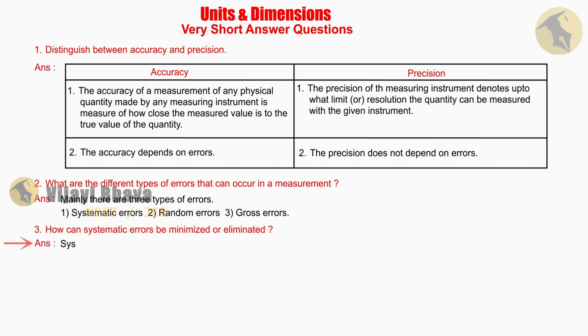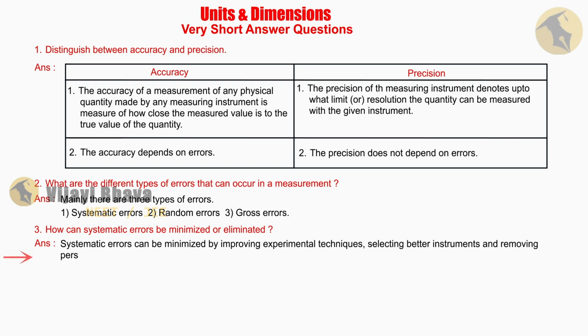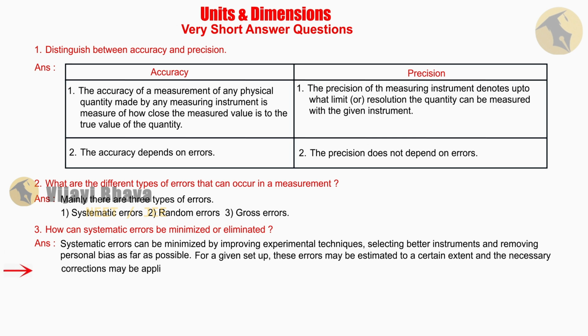The answer, systematic errors can be minimized by improving experimental techniques, selecting better instruments, and removing personal bias as far as possible. For a given setup, these errors may be estimated to a certain extent and the necessary corrections may be applied to the readings.